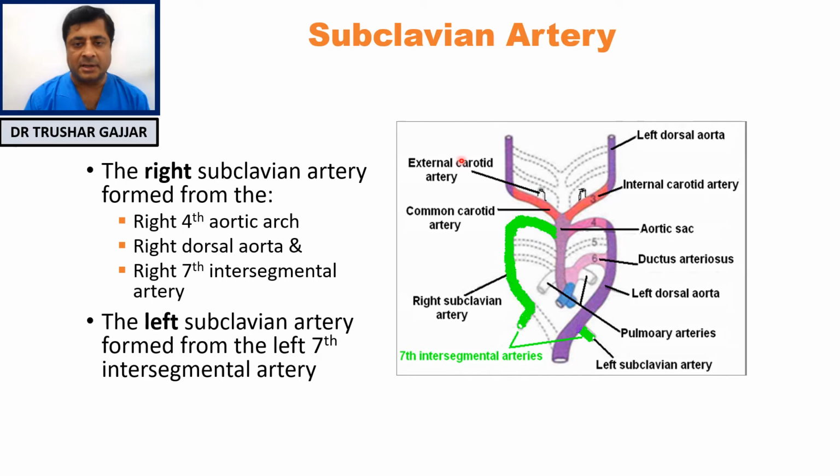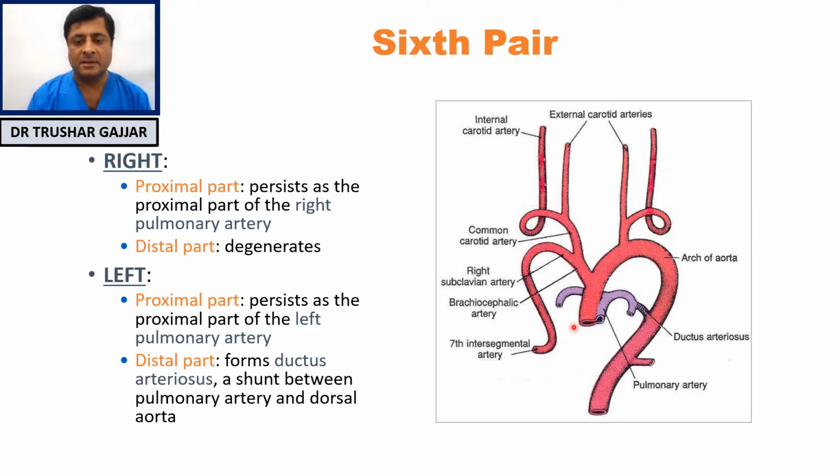So we are seeing the left fourth arch and the left dorsal aorta. The subclavian artery is formed on the right side by the fourth aortic arch, the right dorsal aorta, and the seventh intersegmental artery on the right side. On the left side, it is formed by the seventh intersegmental artery. The sixth pair on the right side, in the proximal portion, will form the right pulmonary artery.